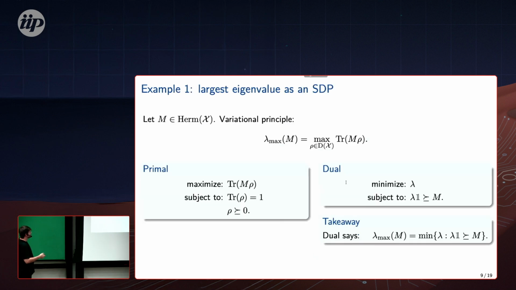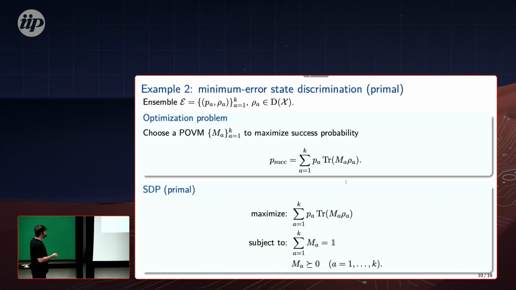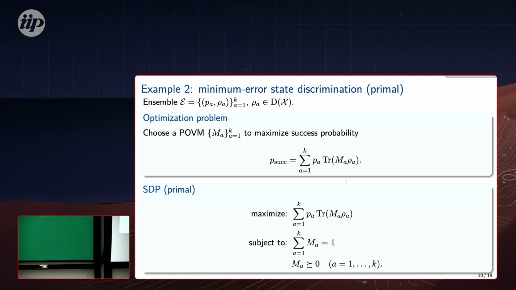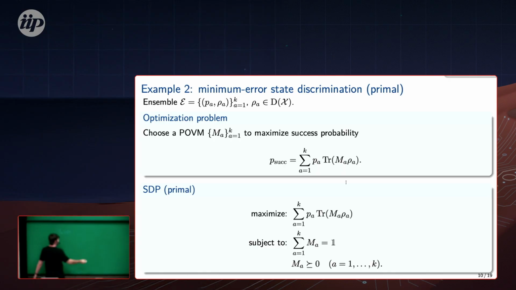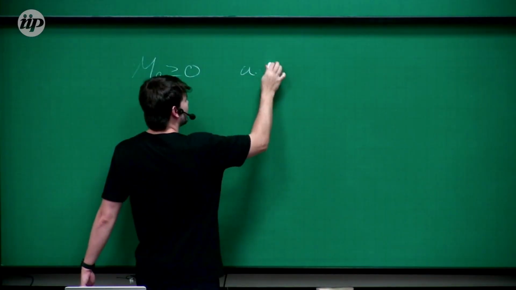Okay, so the first trick, and this is a trick that is quite useful when massaging things into SDPs. For simplicity, I'm just going to consider that K equals 2. So we only have 2 states, but hopefully you'll see how to generalize things. So we have the constraint M_a greater or equal than 0, but now we have actually 2 matrices.